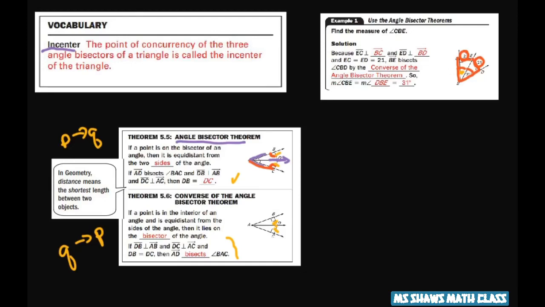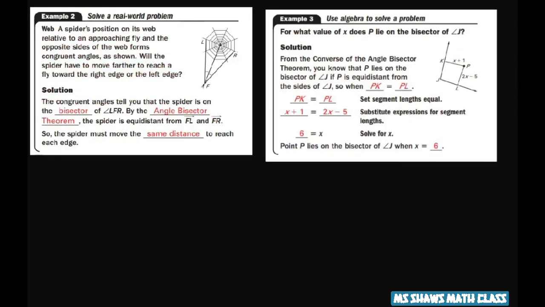So that just means that angle DBE is also 31 degrees. So there's just a small example.